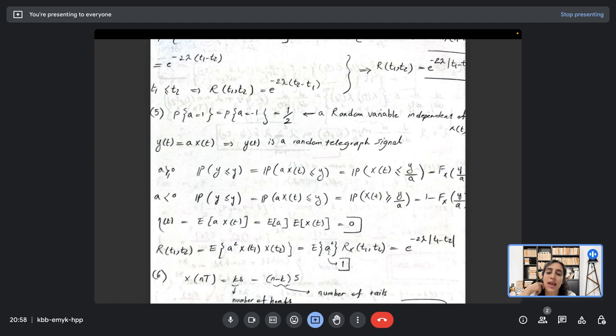Because we know that a is independent from x, we can bring it out of the expected value, and so it is equal to the expected value of a to the power of 2 times r of x. We know that the expected value of a to the power of 2 is 1, and we have the value for the autocorrelation of x from the previous parts. We can just write them down, and that's finished.